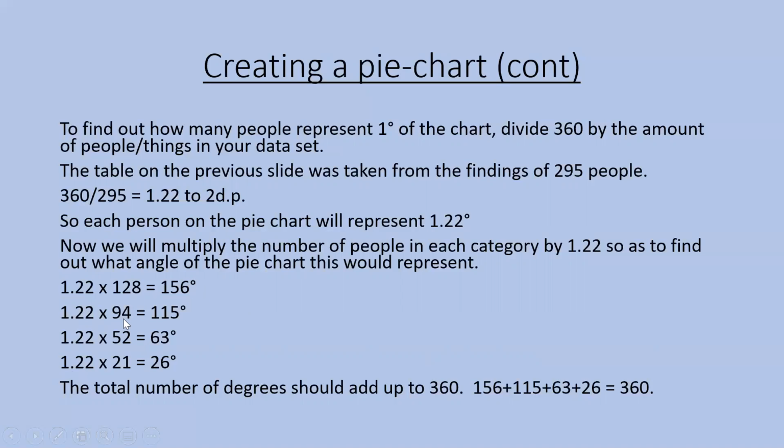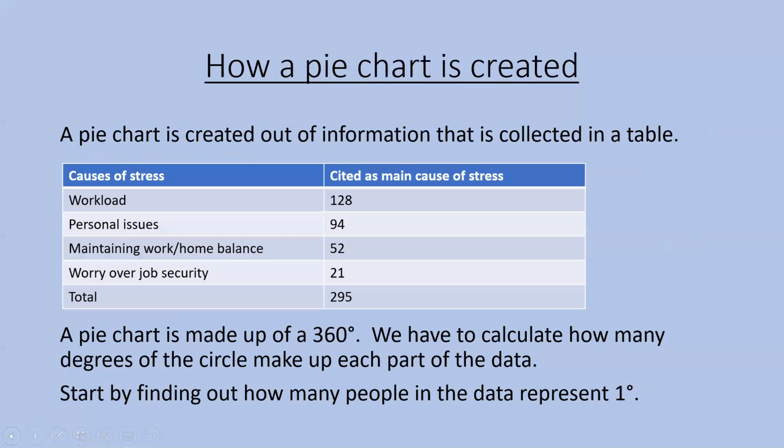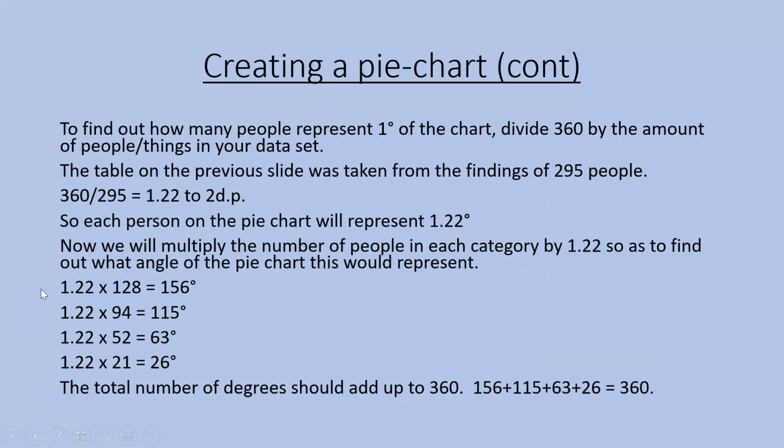The 94 people who cited personal issues as the problem, we'd do 1.22 times 94, and they would make up 115 degrees in the chart. The 52 people whose main cause of stress was maintaining a healthy work-life balance, we'd multiply 1.22 times 52. They would represent 63 degrees of the chart. And the 21 people whose main cause of stress was lack of job security, 1.22 times 21, they would represent 26 degrees of the chart.